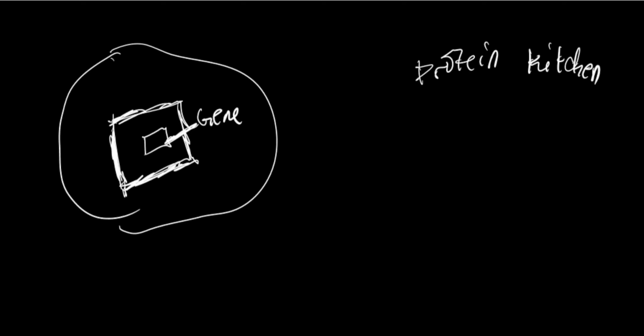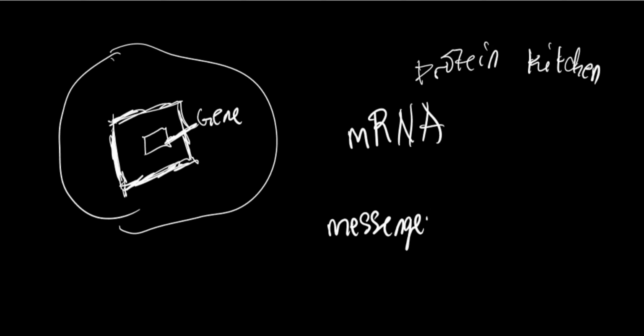So we need a messenger, and that messenger would be the messenger RNA. Now, because the DNA cannot leave the library, which is the nucleus, the messenger RNA performs that function of a messenger as well as a decoder, okay? It performs these two important functions.